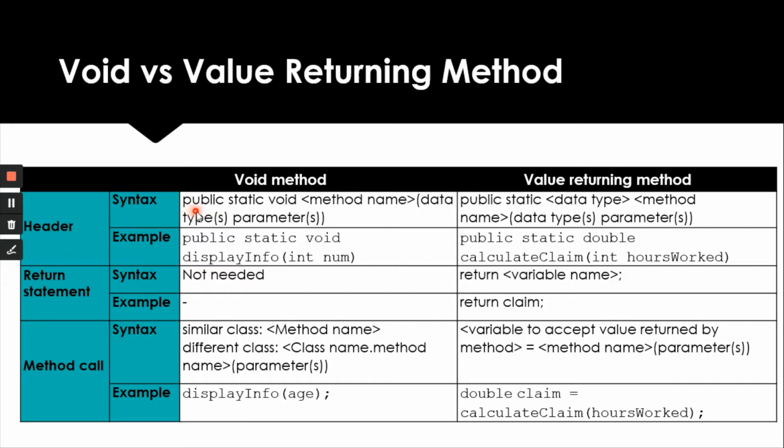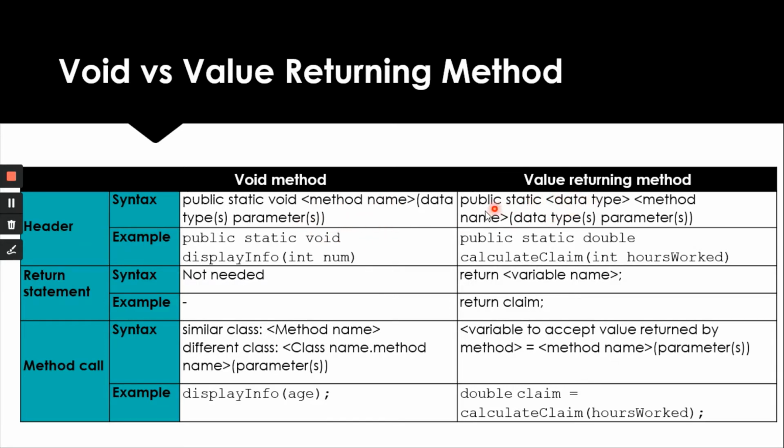You always start with public static void, then you continue with the method name, and in the brackets you can put the parameters. When you want to write parameters in the header of the method, you have to put the data type and the parameter name. If you want to have more than one parameter, then you have to separate them with a comma. That is for the void method.